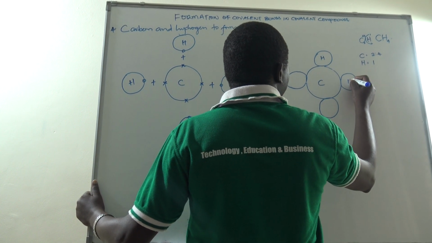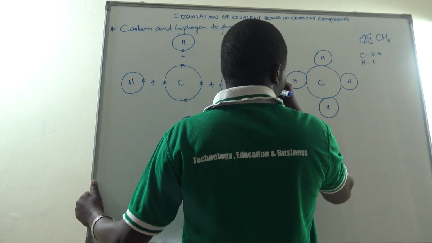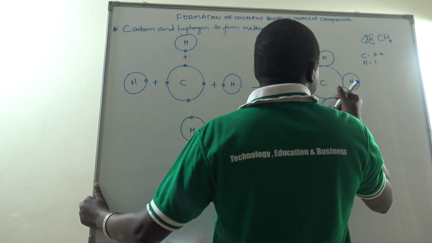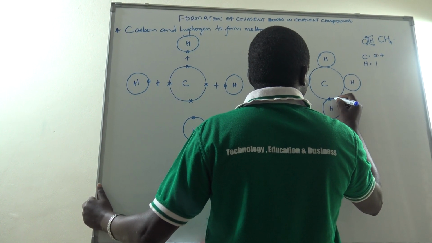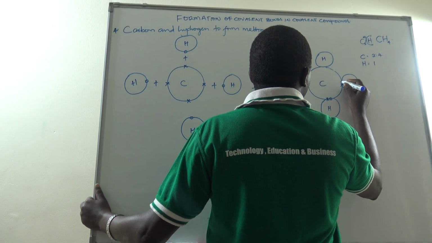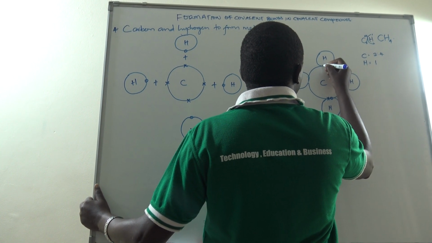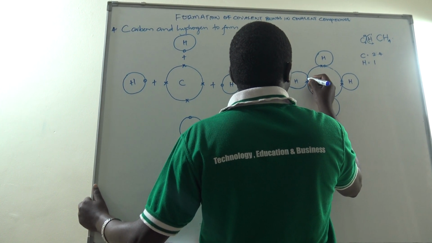Hydrogen, hydrogen, hydrogen, hydrogen. So at these points here, we have the electron produced by the carbon atom and the one by the hydrogen atom. That of carbon, that one of hydrogen, that of carbon, that one of hydrogen, that of carbon, and that one of hydrogen.